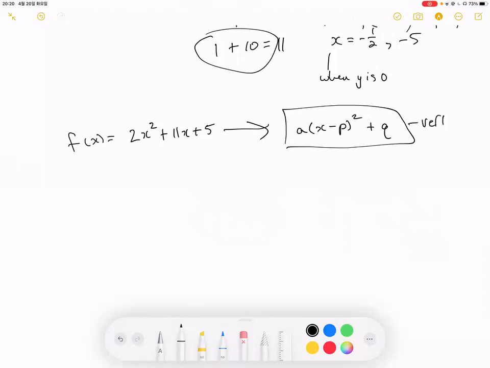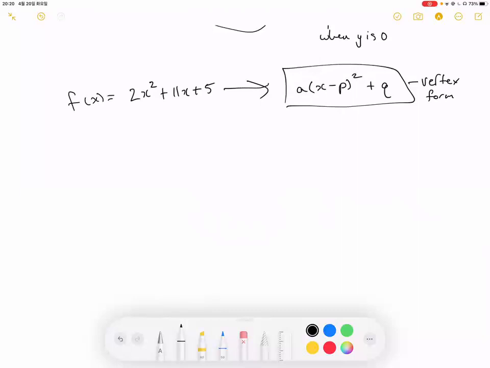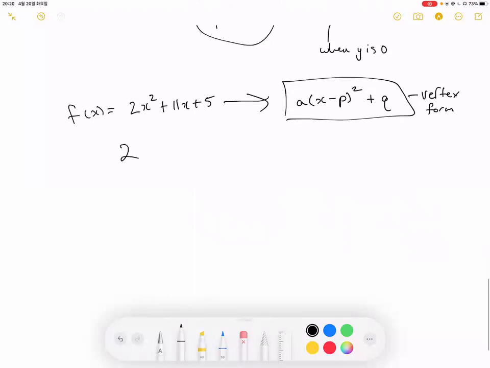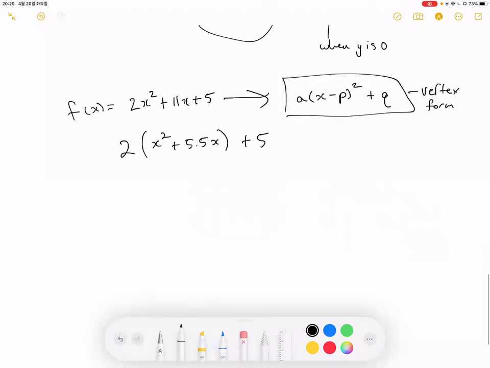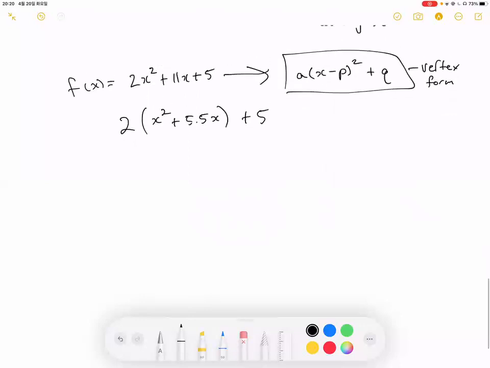So a in the standard form and a in the vertex form is the same. Therefore, I would factor out a. Then x squared plus 5.5x, because 2 times 5.5 is 11. And then I would leave the c alone, just plus c, because it's a constant. You can always add it with another integer or something. So I would first stick with this, and then move on.